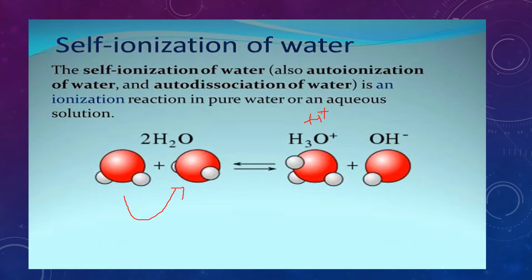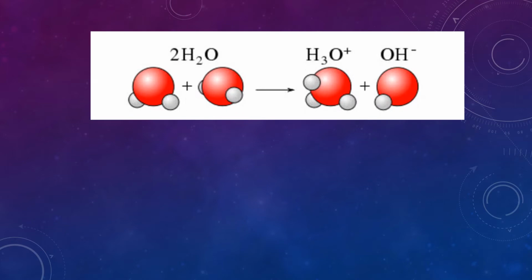So the self ionization of water is one water molecule's ability to donate to another water molecule, forming a hydronium ion. This is called self ionization or auto ionization. This is a correct example.